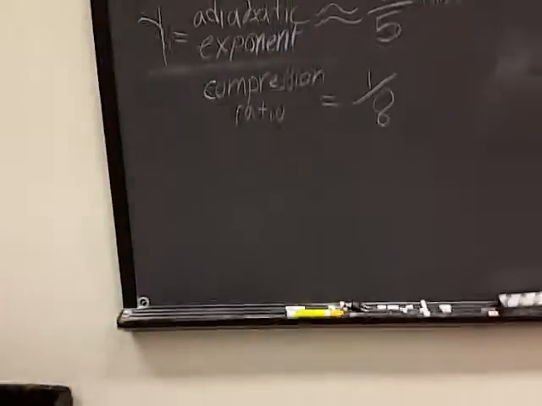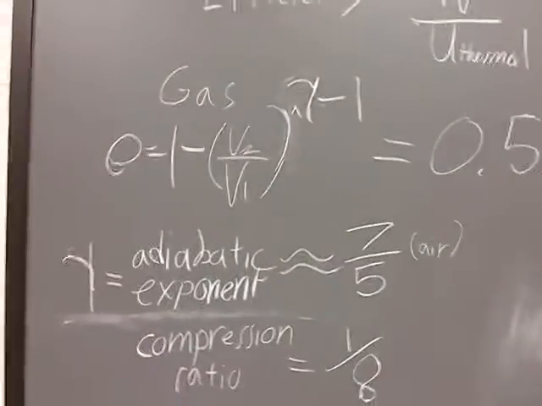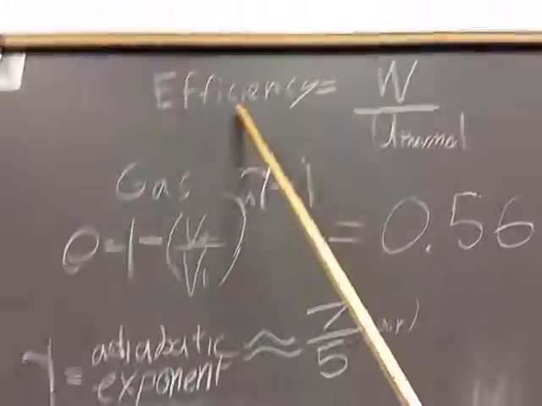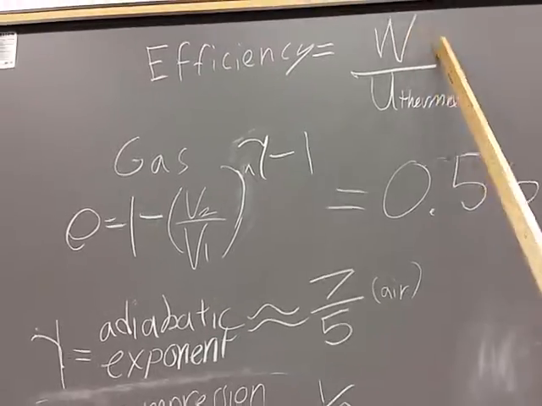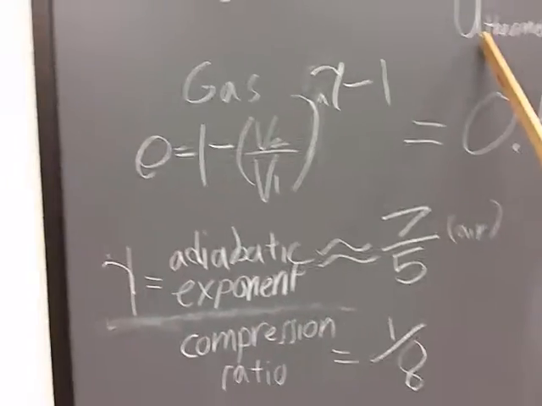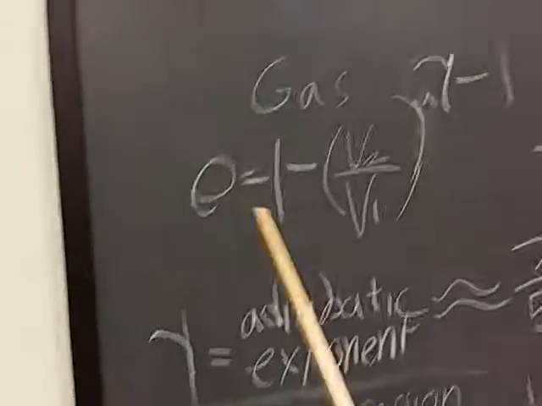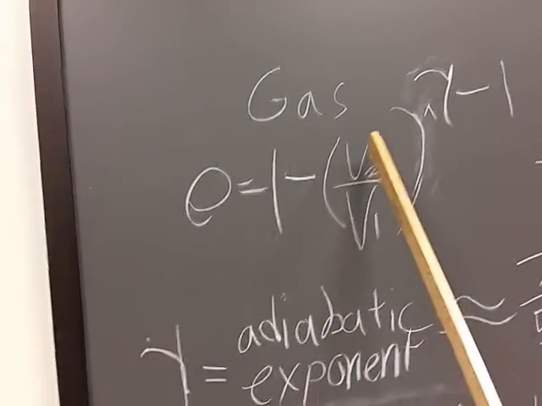So it's much simpler with gasoline and diesel engines. Basically, it's the same idea. The efficiency is equal to the work that we extract divided by the energy that we put in. So for gas, it's 1 minus the compression ratio.